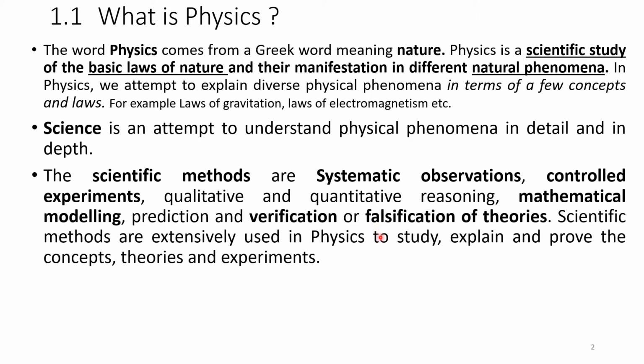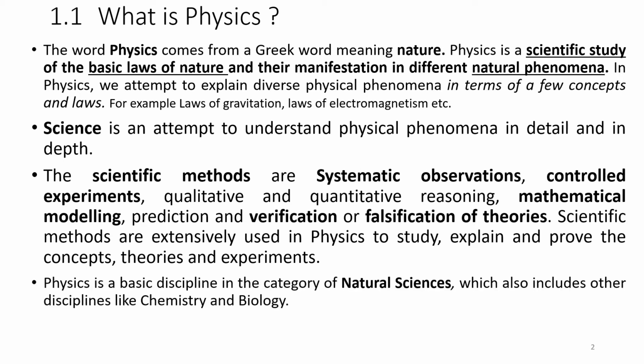Scientific methods are extensively used in physics to study, explain and prove the concepts, theories, and experiments. Physics is a basic discipline in the category of natural sciences, which includes other disciplines like chemistry and biology. Certain parts of chemistry and biology are also studied in physics and vice versa.